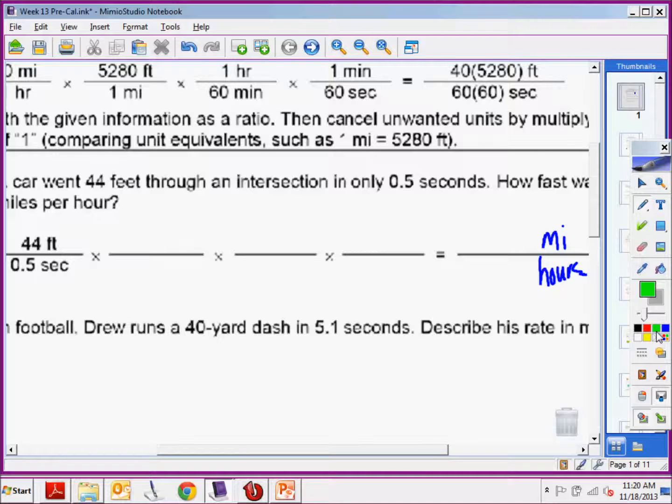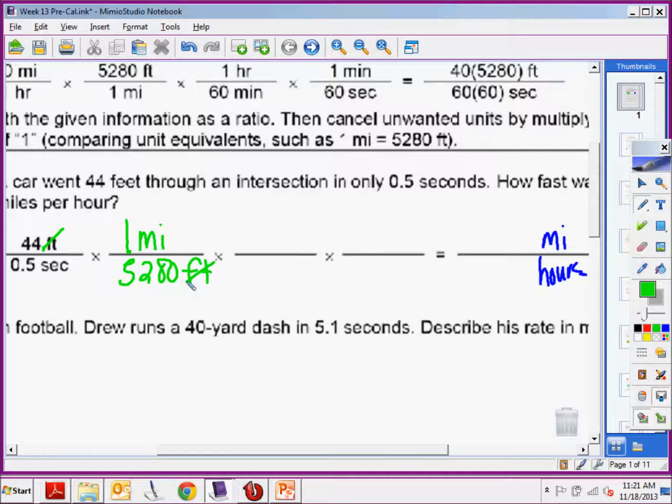Oh, look, it's right there at the top for us. So in 1 mile there's 5,280 feet. Notice that I put feet in the denominator because I want to cancel out those units. In order to mathematically cancel something out, it has to be in the numerator and in the denominator. Cool?